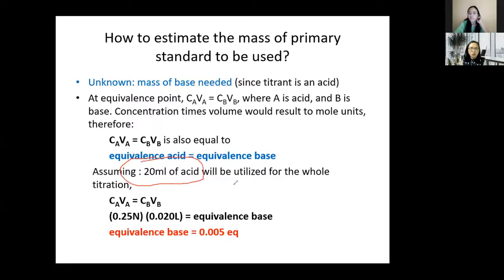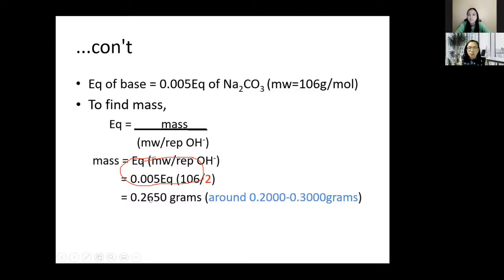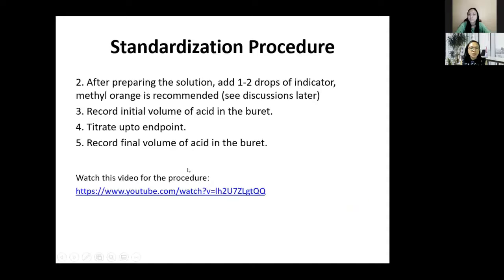If you compute that, the mass is around 0.26. So it can be 0.3. If it goes beyond this, of course, the volume you will use will exceed 20 ml. It's almost just 0.3, so that's okay. That's our estimated mass.